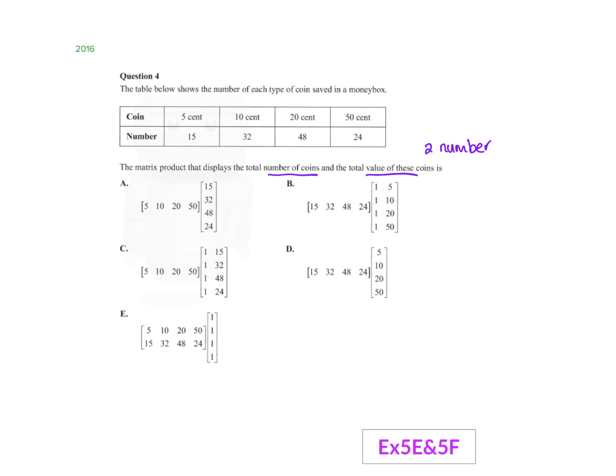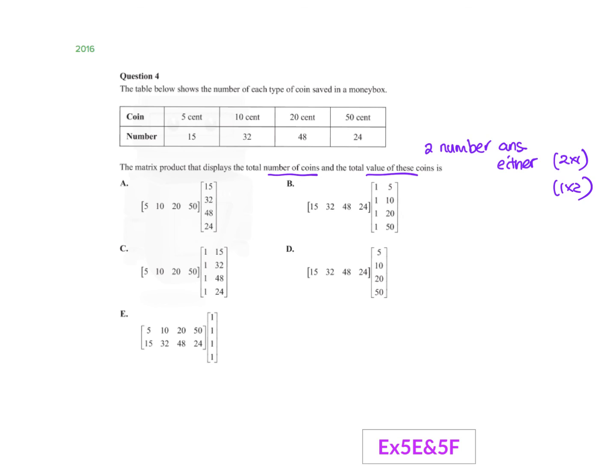Would you agree? Yeah? So we are either going to have maybe a 2 by 1 or a 1 by 2. Yeah? Because that would be a matrix that gives us 2 answers. Because what they want is all the coins in the money box added up, so how many actual coins you have, and then they want the value of the whole money box.